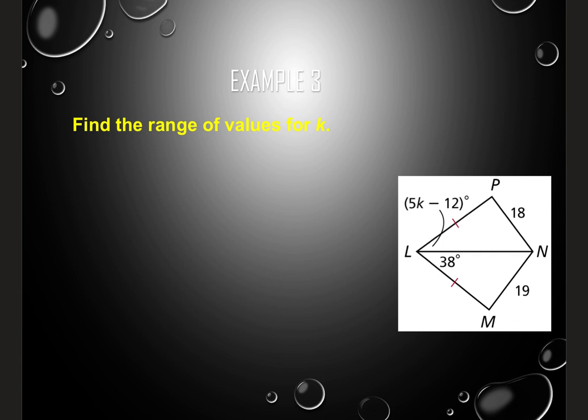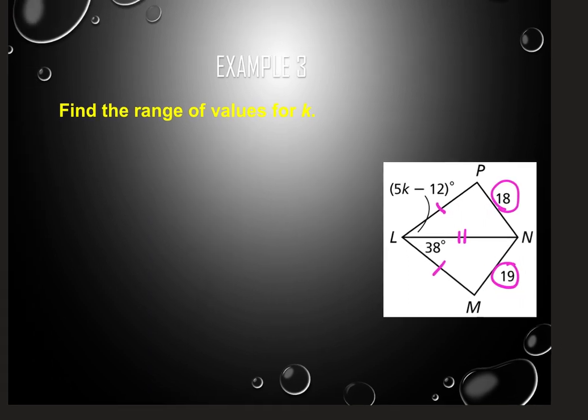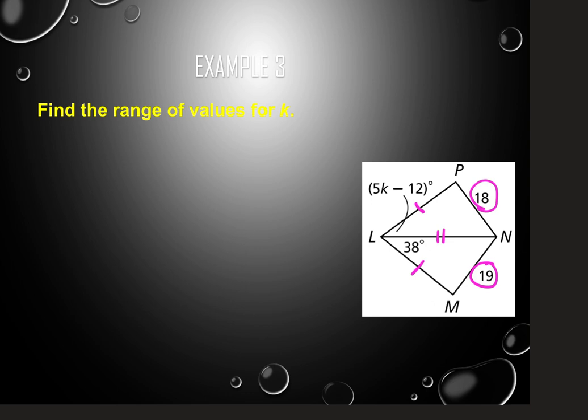Last example, find the range of values for K. So I've got 1 pair of congruent sides on the outside, the shared side's the second one, and then the sides are the ones I know both angles about. 19 is bigger than 18, which means 5K minus 12 has to be less than 38.